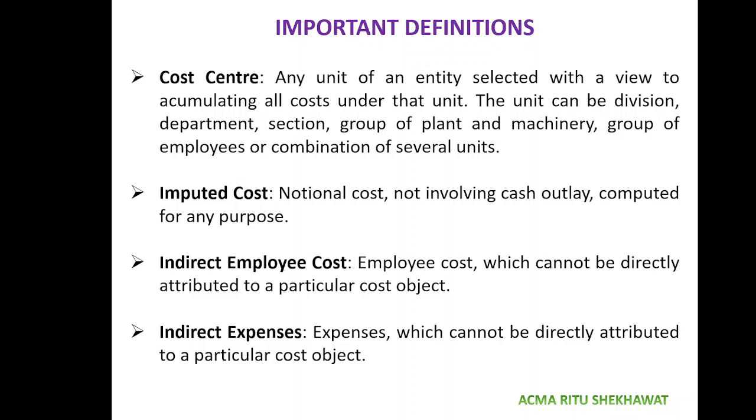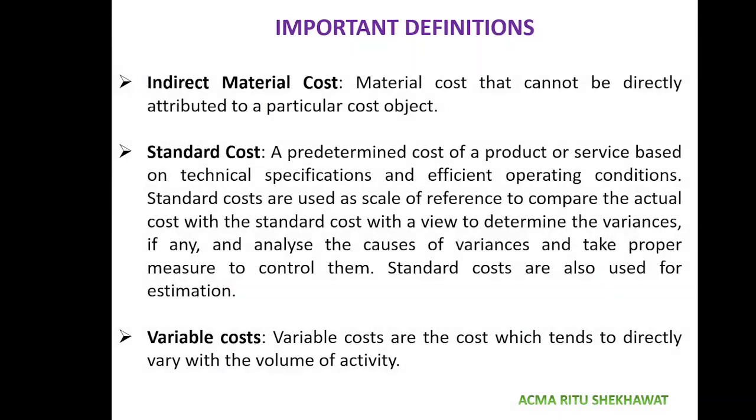There are many jobs to be done by the engineer, like regular routine maintenance of the machine, and if a breakdown or any uncertainty comes, the engineer has to follow up on everything. So it is an identifiable indirect employee cost, you can say, to a particular cost object, right? So this is the indirect employee cost, and then indirect material cost.